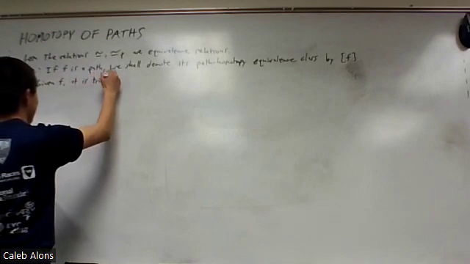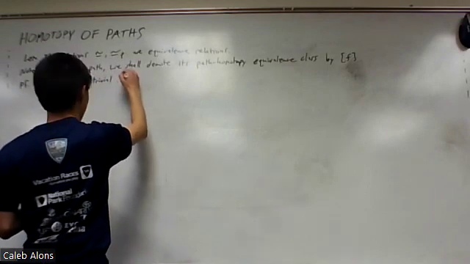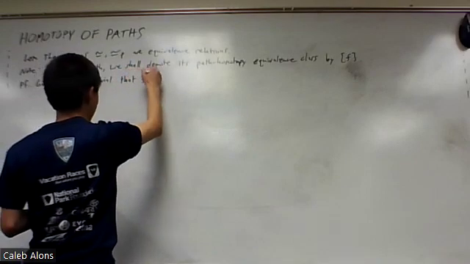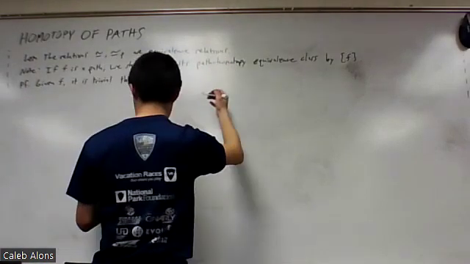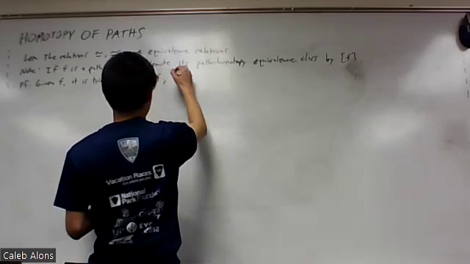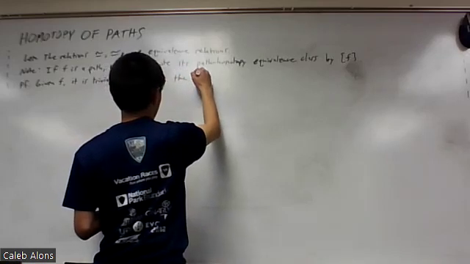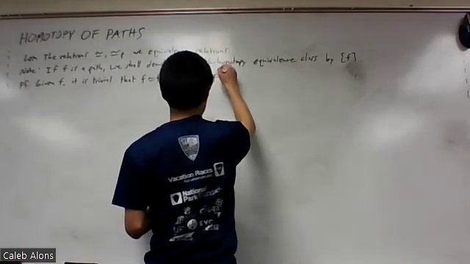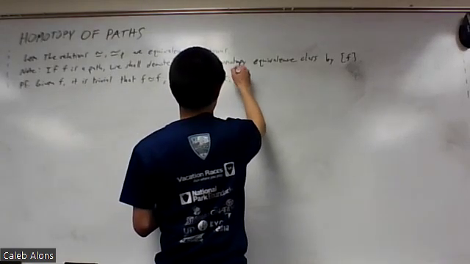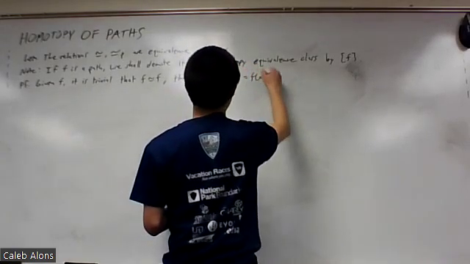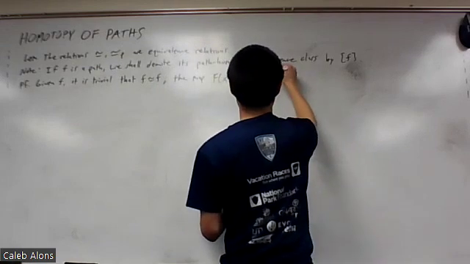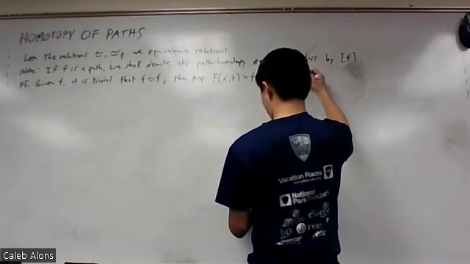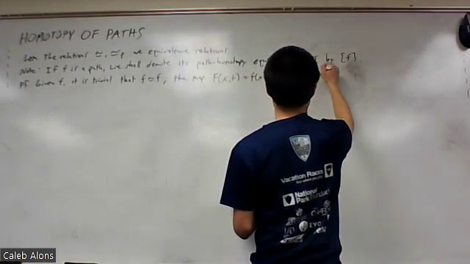Always a risky word. That f is path homotopic to itself, because you can just use the map where you assign everything to just the path. This is the required homotopy.